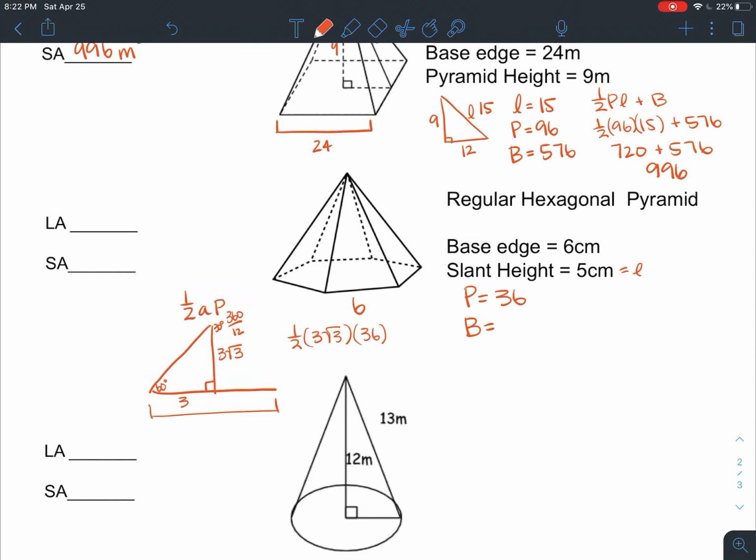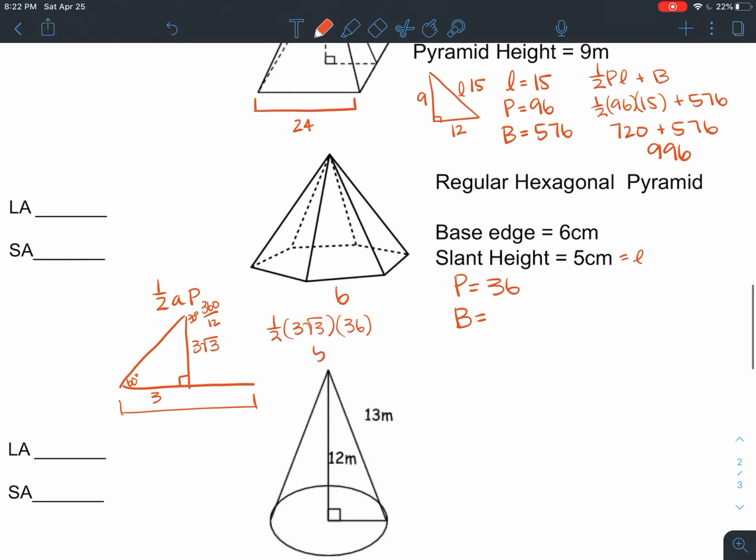And if I do, let's see, half of 36 is 18, and 18 times 3 gives me 54 square root 3 for the area of my base.